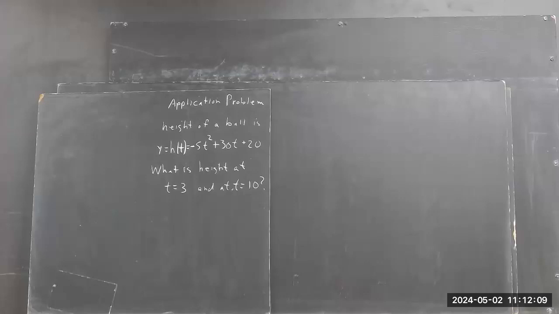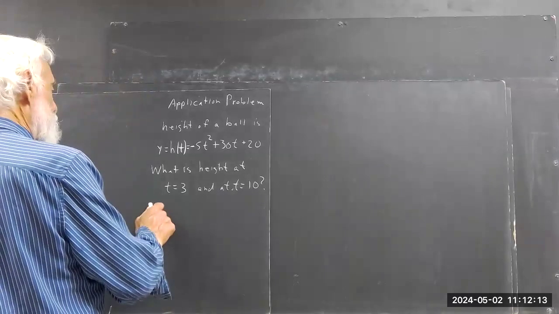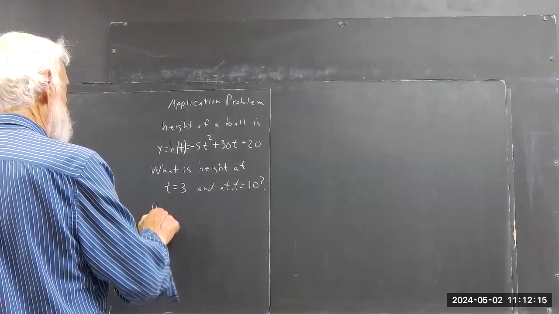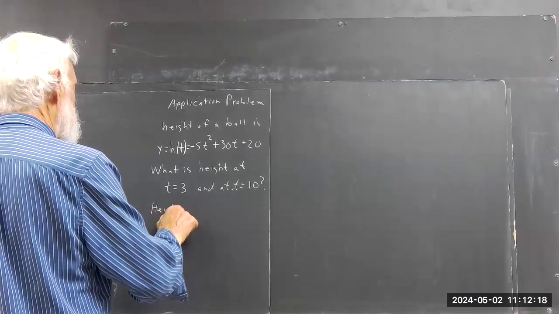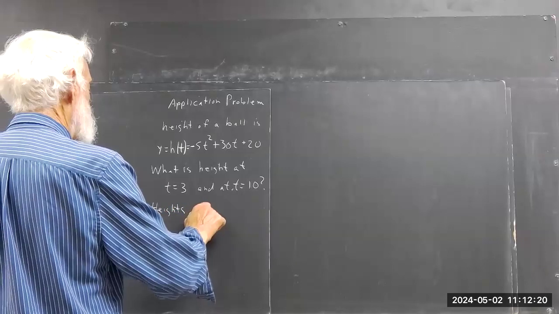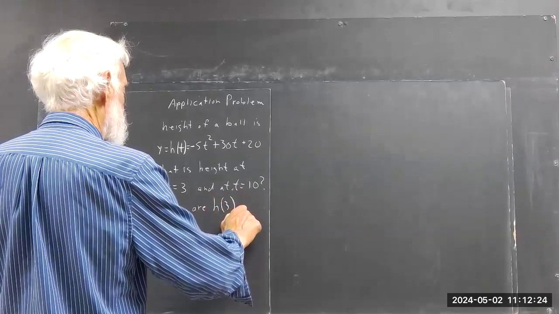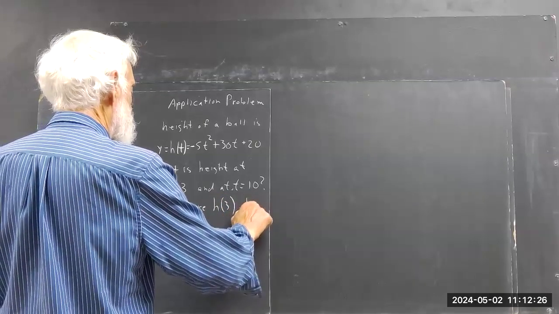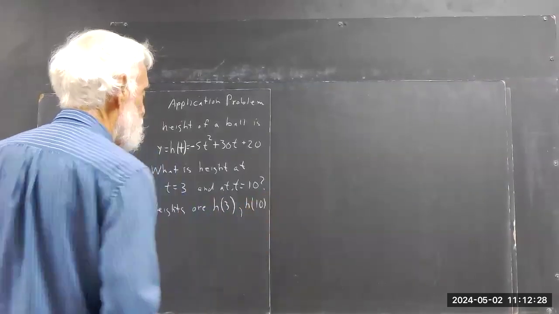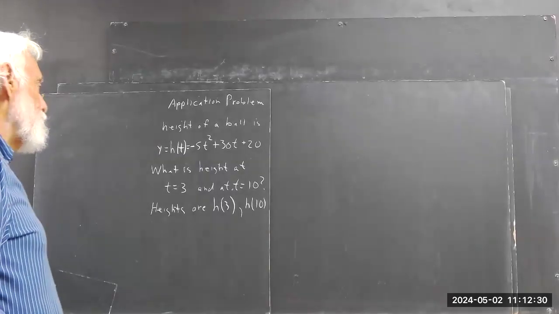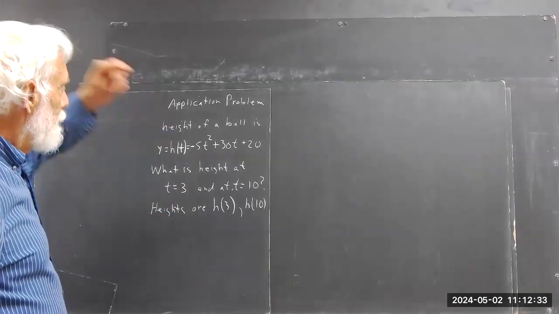Okay, so everybody seems to understand. Now, the compact way to write this would be h of 3 and h of 10. And h of 3, if you plug it in, you're going to get what?